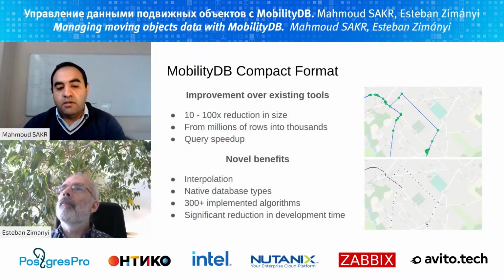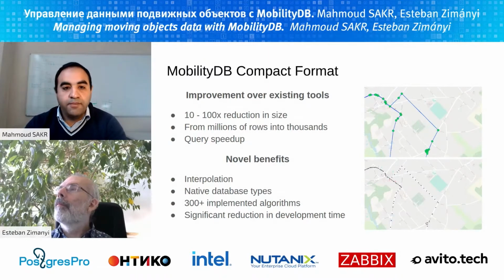And these types are supported with a big API of functions for data management. So that means significant reduction in the development time. You focus on doing the business logic, and then you push the mobility data management to the database through SQL.